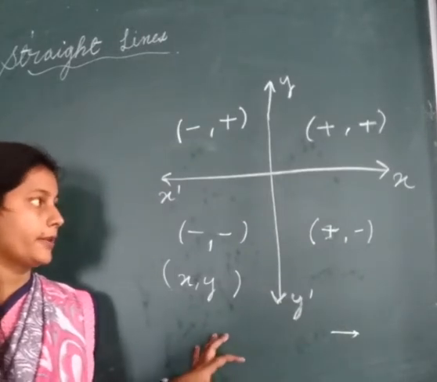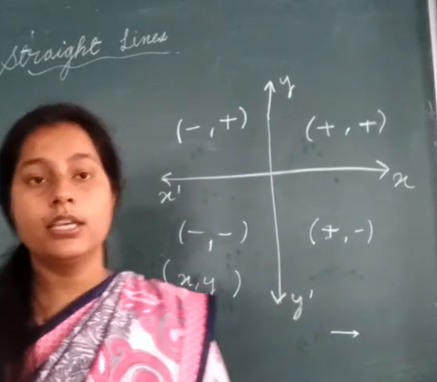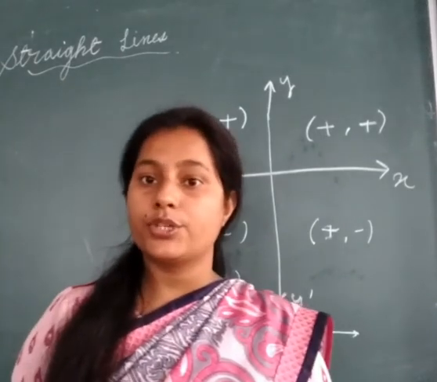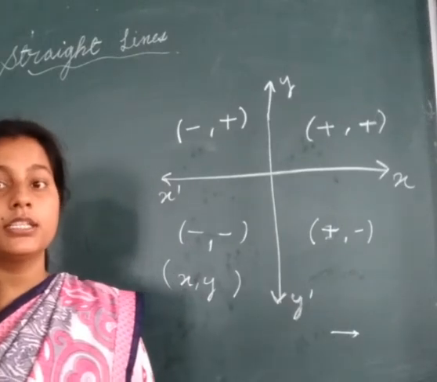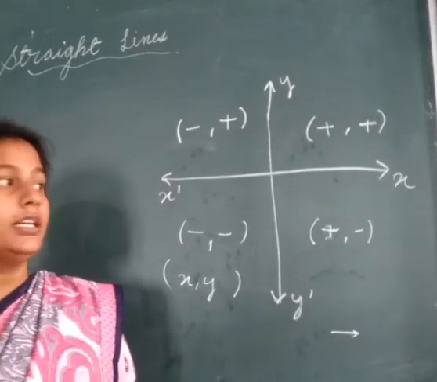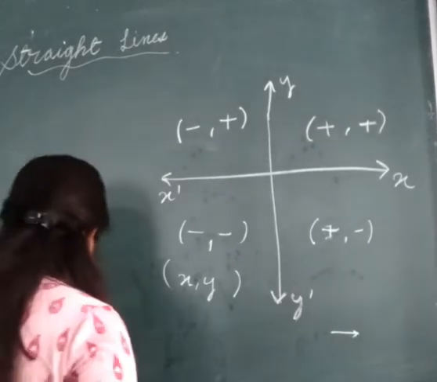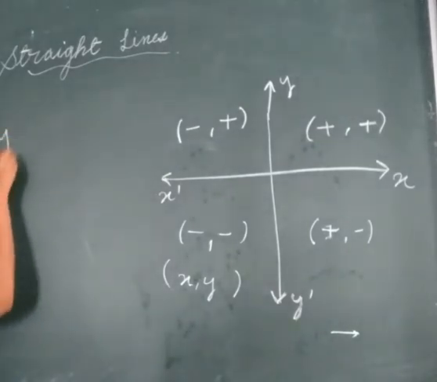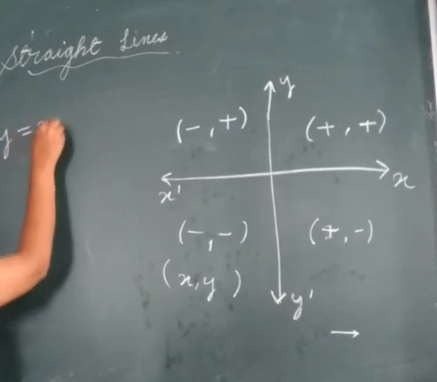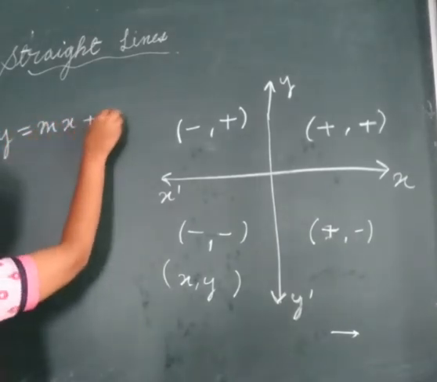So this is the first thing. Now the second thing is, what is the general equation of a line? Suppose we have to show the equation of a line, then what is the general way of representing a line? So the general equation for a line is y equals mx plus c.